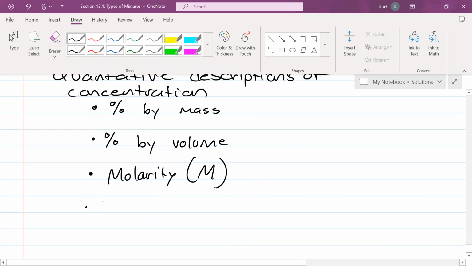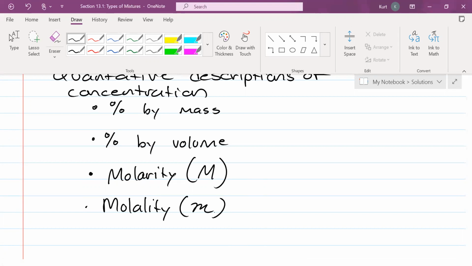But this one, molality, which we likely won't get today, is a lowercase italicized m. If you're wondering why it has to be italicized, because meters and milli are already a lowercase m, it's kind of like normal font. So molality, not molarity, I'm not misspeaking, I don't have a lisp. Molality is an italicized lowercase m.